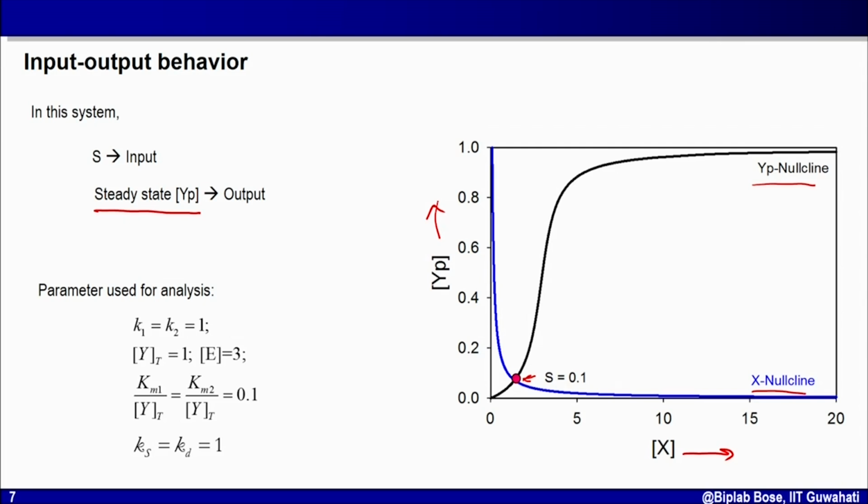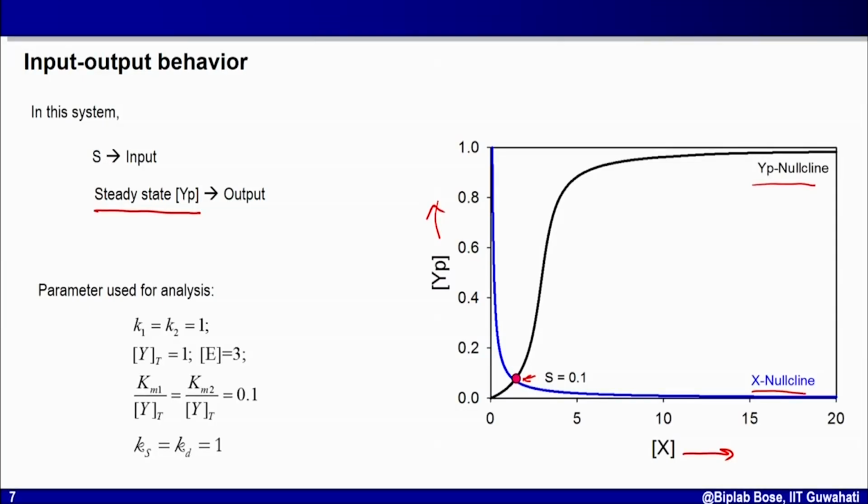This X nullcline that I have drawn considers S equal to 0.1, so your input signal is 0.1, and at that time the YP value at steady state is this one, near 0.1. Now if I change S 10 times, remember, the X nullcline is sensitive to S.